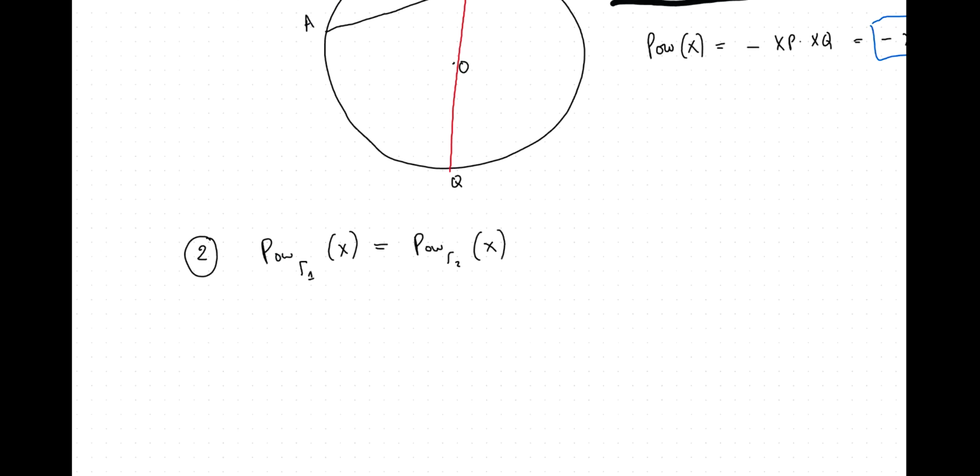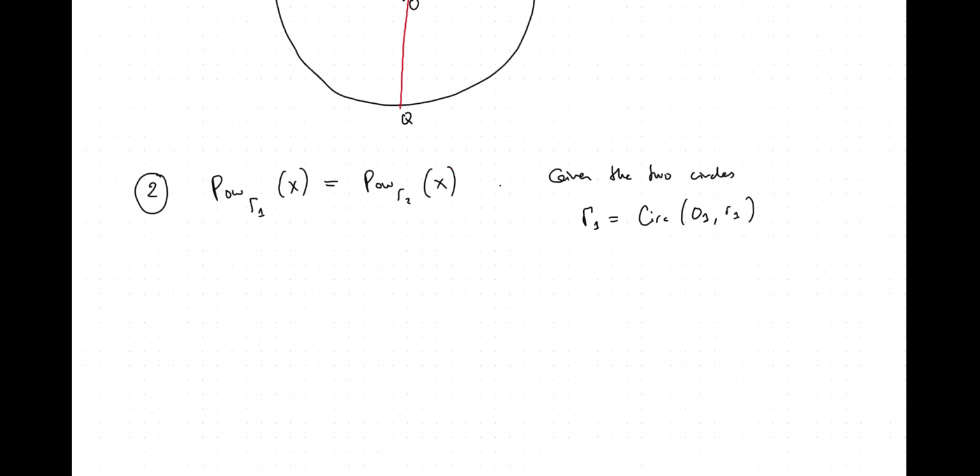Consider this. Given two circles, gamma 1 and gamma 2, this has center O1, R1, and this has center O2, R2.